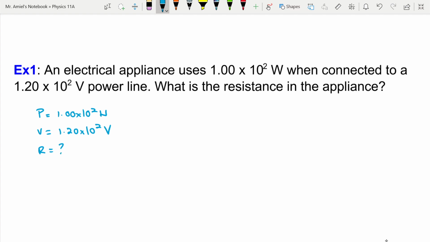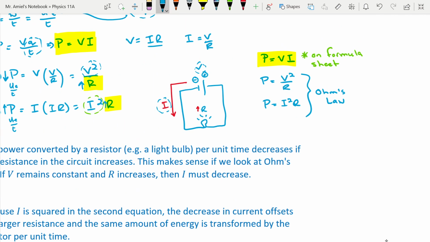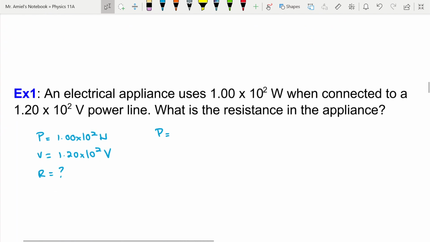Well, in our power equation that I said that we would have, we don't have resistance. We've got voltage and we've got current. So we're going to want to keep our voltage, but we need to get rid of this current. So we bring in our Ohm's law.